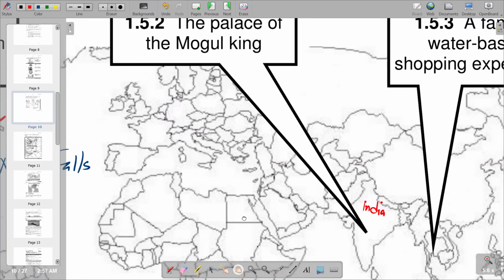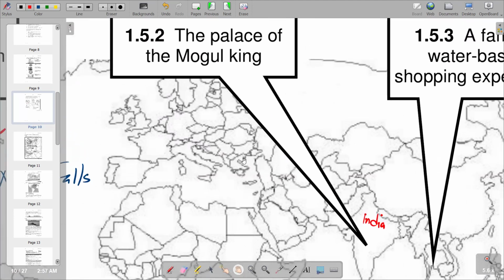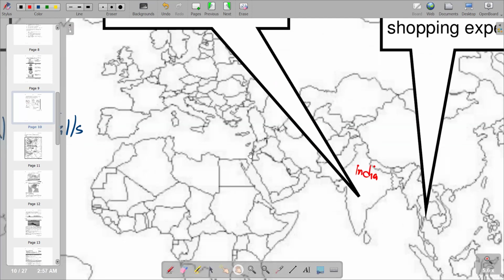And in India, where we have the palace of the Mughal king, obviously it's going to be the Taj Mahal. So we can just indicate there that this is the Taj Mahal. So basically, that's what we have.